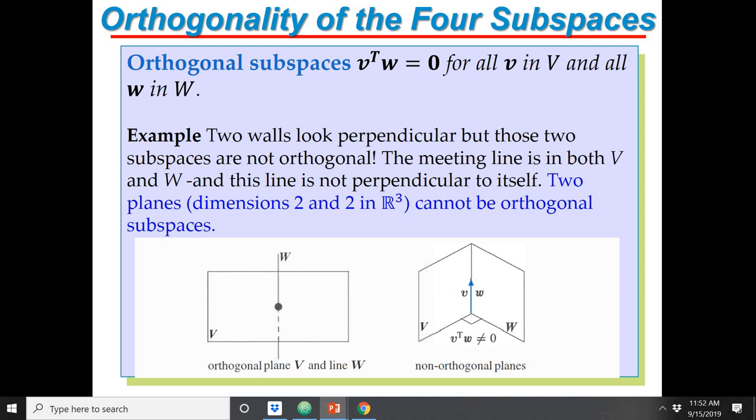You can make them the same vector, and that inner product is greater than or equal to 0. If you take a non-zero vector v, it would be greater than 0. So these two spaces V and W cannot be orthogonal subspaces of R cube.